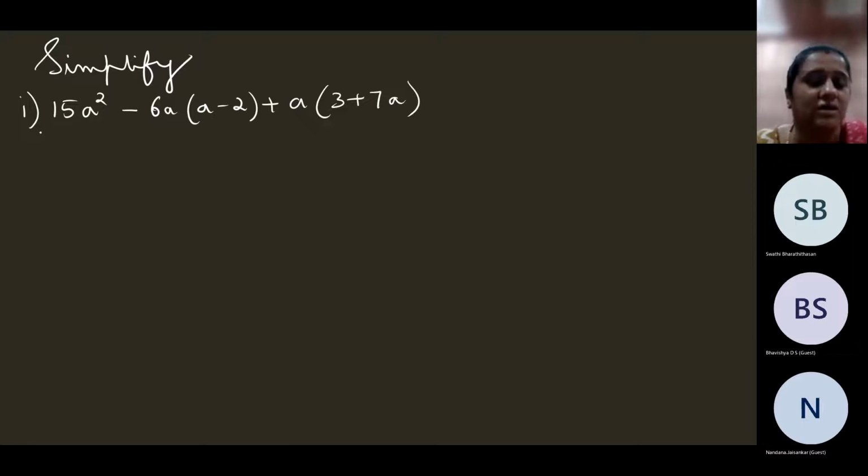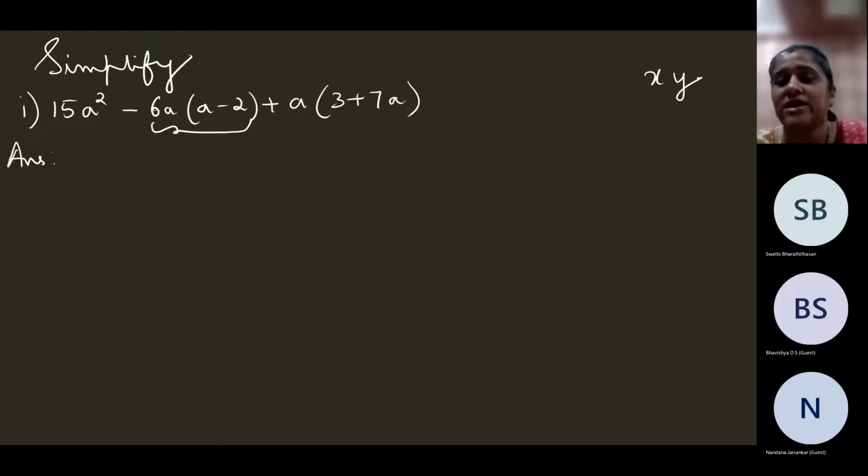All right. So we have an expression here. Let's understand how to simplify this expression. Now you can see something here, 6a into a minus 2. We all know that when there is no sign, like xy, xy means x into y.